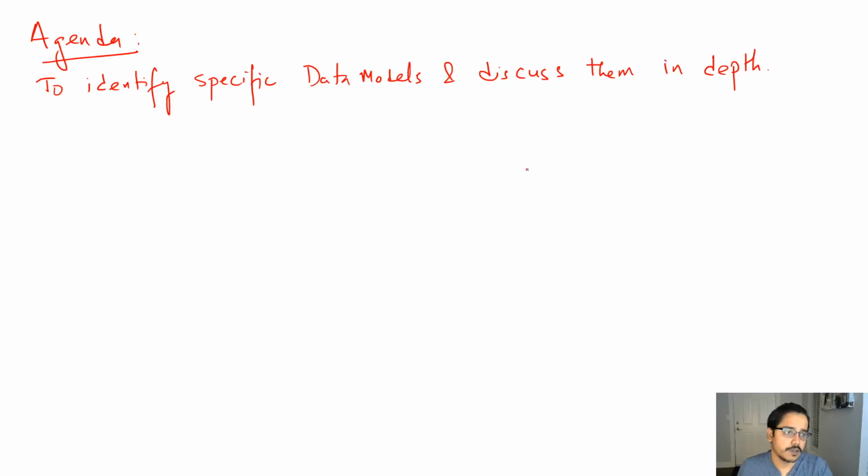So if you recall, a part of our discussion from the last lecture was the fact that for this course, as far as database design as well as implementation is concerned, we would be using what is known as the relational model, or the relational data model, right? Where the relational model, compared to its predecessors, which were the hierarchical model and the network model, relies on the logical simplicity of data.